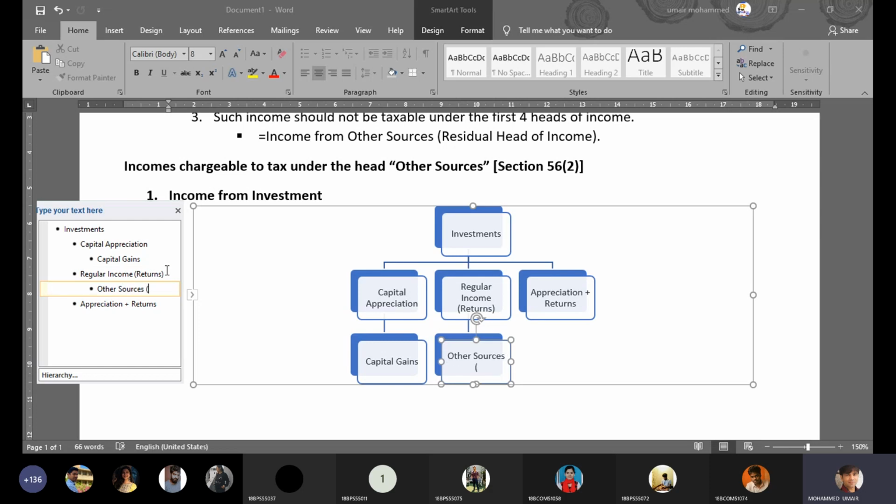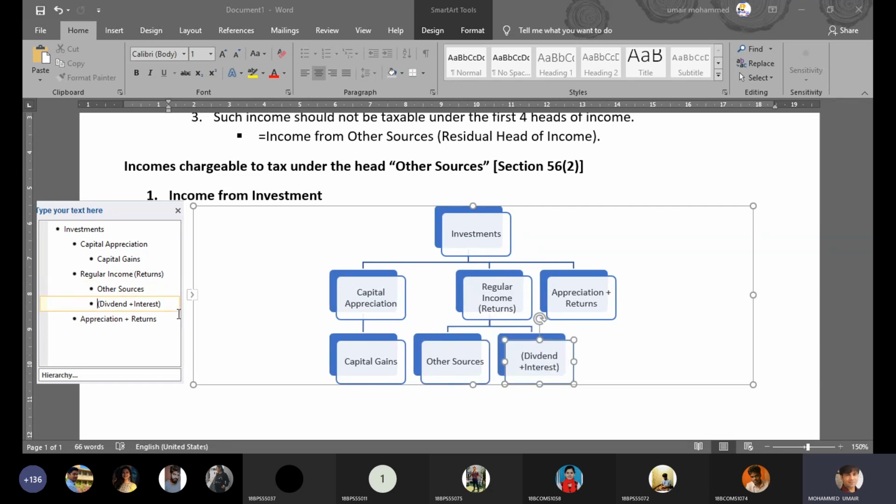For example, dividend on shares, interest income, right? So dividend and interest can constitute your regular income, which is taxable under the head other sources.